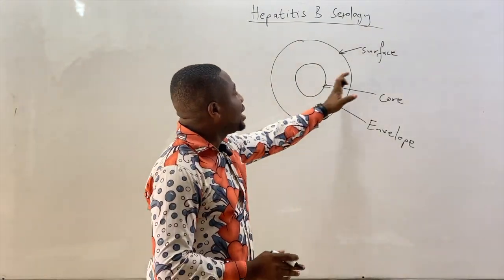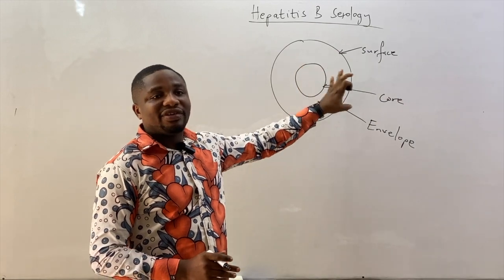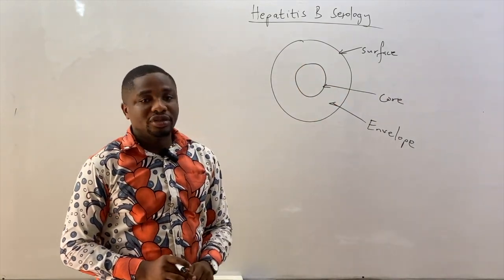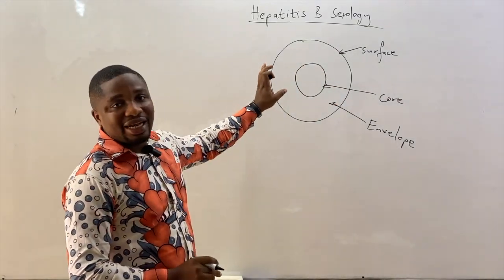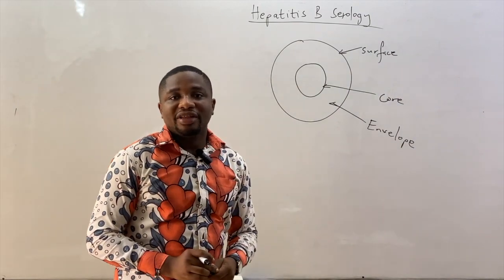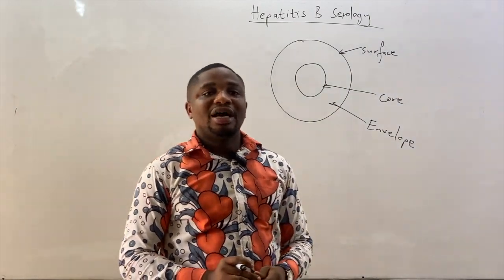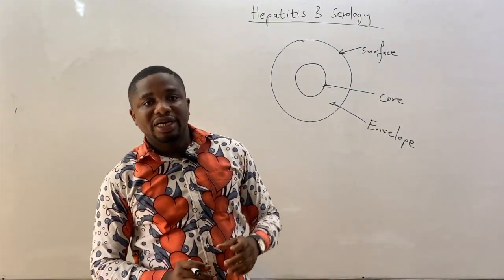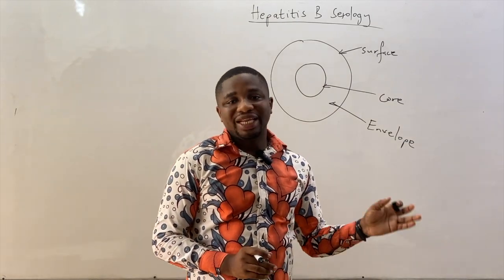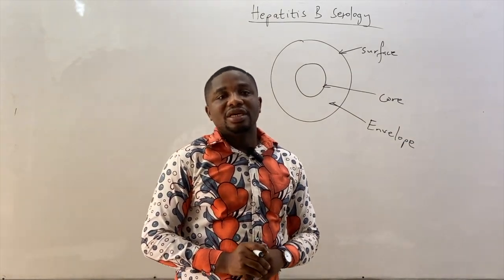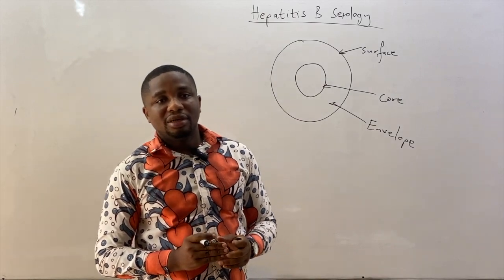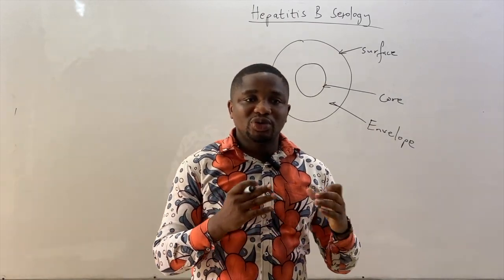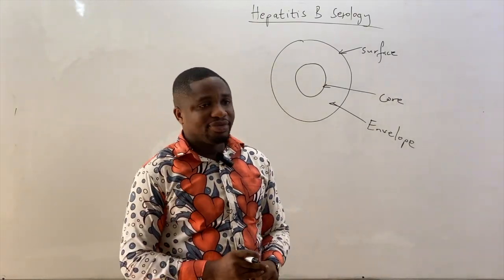So the core and the surface, that space between the core and the surface, we'll refer to as the envelope. So we are going to look at the antigens first. Then after that, we'll look at the antibodies. We are going to look at each of them with their clinical significance. And when we are done with that, we then look at how to apply it clinically.